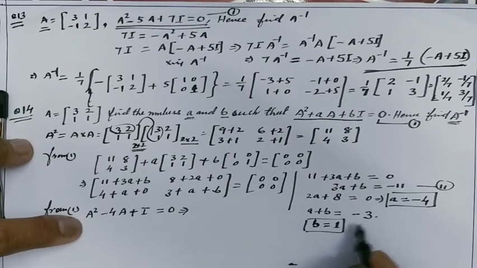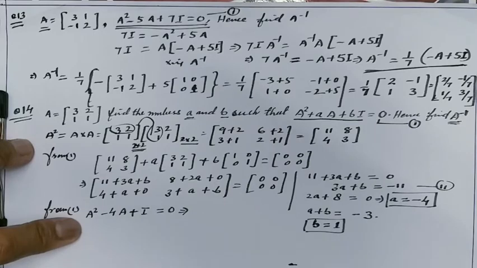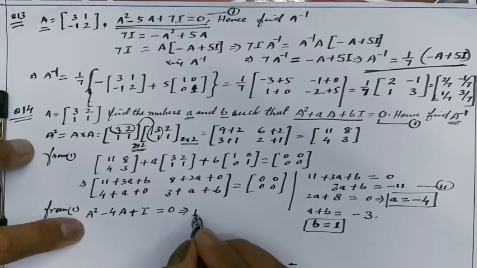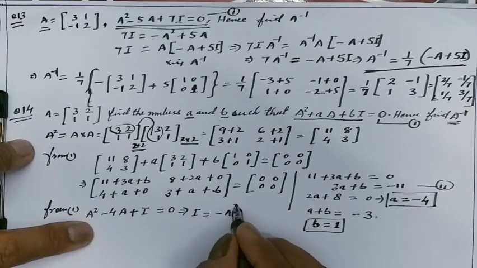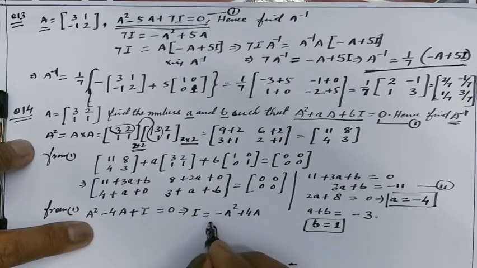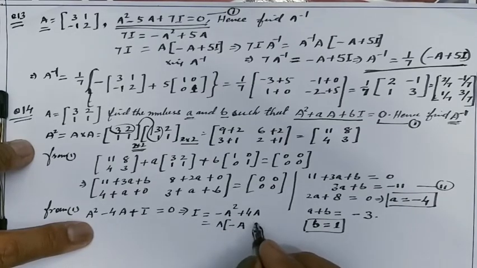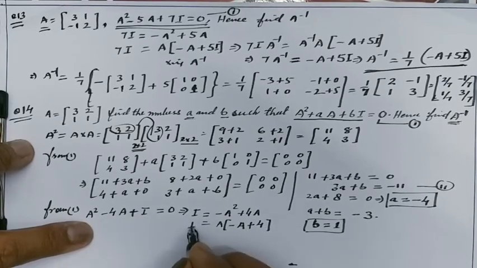B is equal to 1 and a is equal to minus 4. So now identity matrix is equal to minus A square plus 4A. Taking A common, minus A, and then we have plus 4, identity matrix.